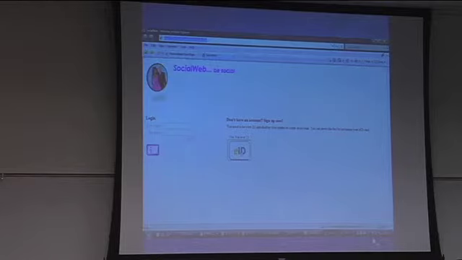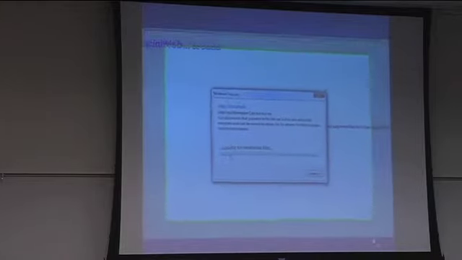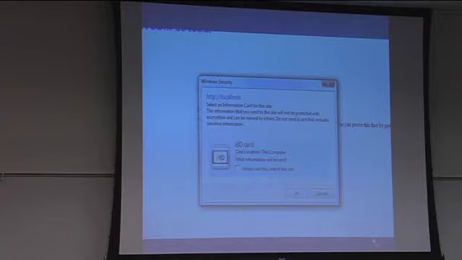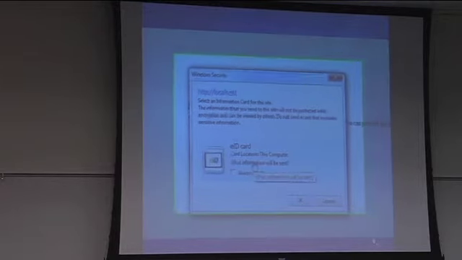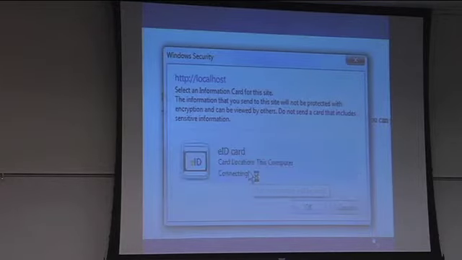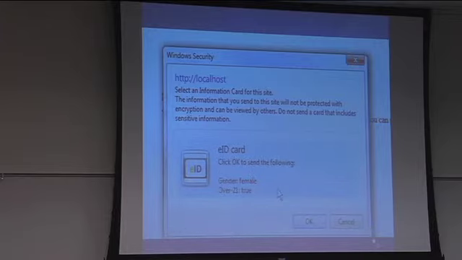I go to my dating website, don't tell my wife. This website wants me to prove both my age and my sex, which of course is helpful. So, what information will be sent? Well, just my gender and my age.